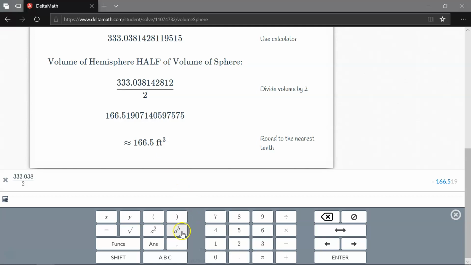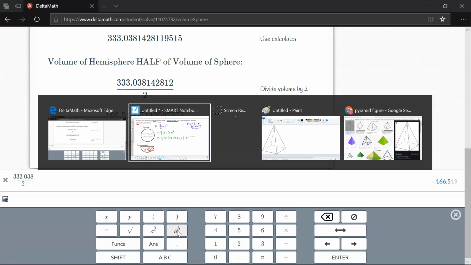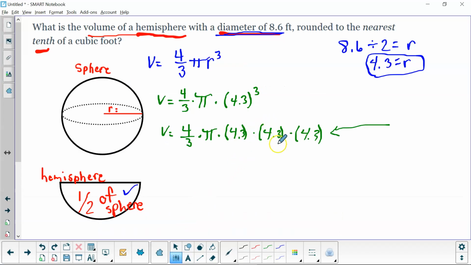But what if I don't want to use this A to the B key? What if I want to do it the way that some of us do it with our calculators in the classroom? Well, you just do it 4 divided by 3 times pi times 4.3 times 4.3 times 4.3.